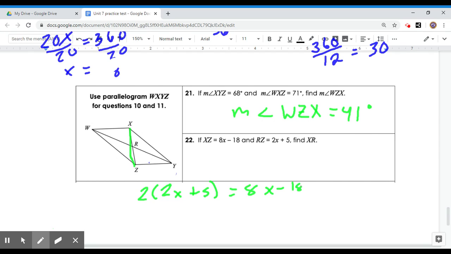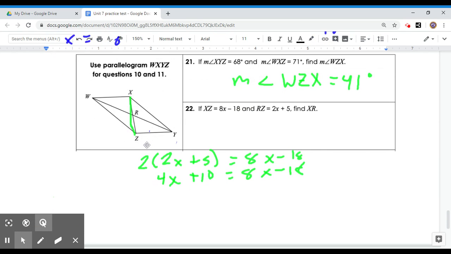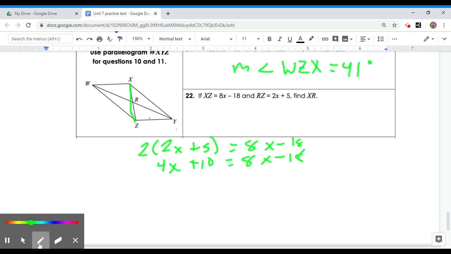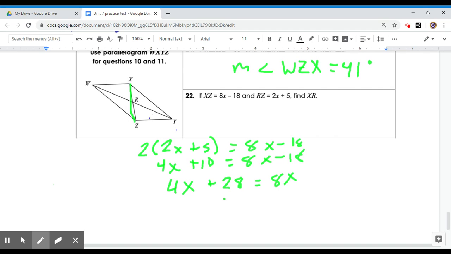We can solve for x, so 4x plus 10 equals 8x minus 18. Add 18 to both sides: 4x plus 28 equals 8x. Then subtract 4x from both sides. 8x minus 4x is 4x. Divide by 4.